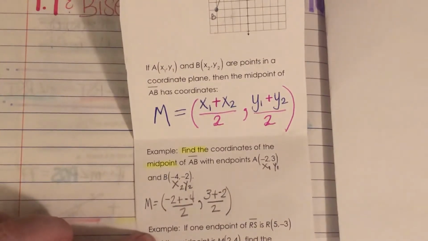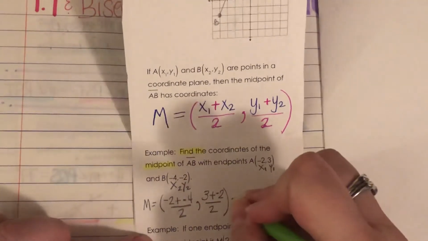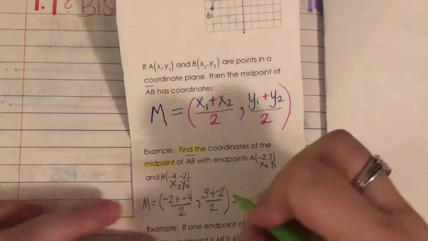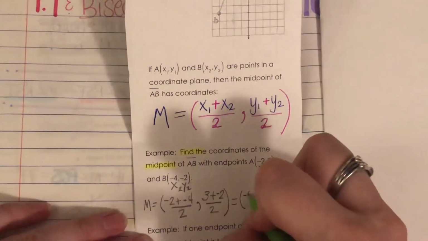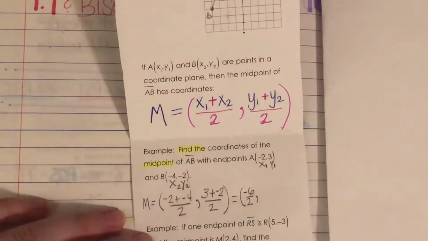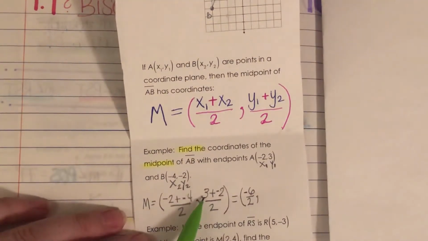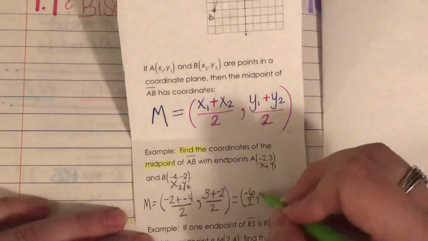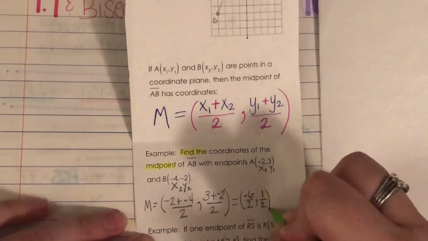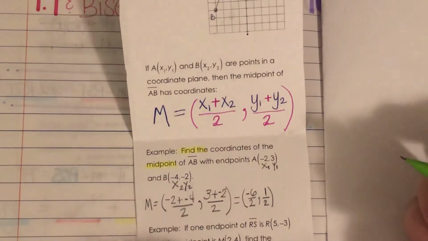Okay, now I'm going to go ahead and do some adding. -2 plus -4 is -6. So I have -6 divided by 2. I think I know what that simplifies to. And then over here I have 3 plus -2. That is +1 divided by 2. I don't think I know what that simplifies to.